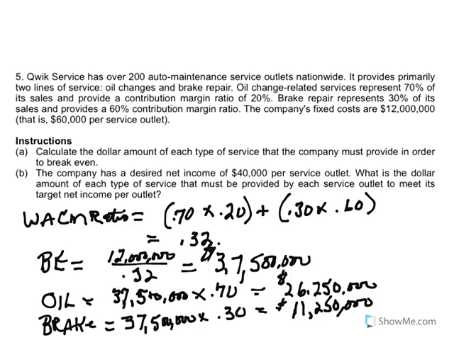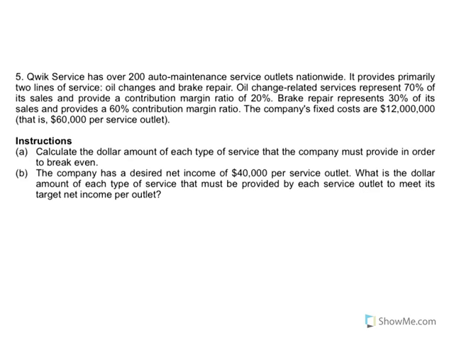Now the second part of the question says, okay, how much do I have to sell for each outlet to make a profit? Well, the sales required is equal to the fixed cost plus target income over the contribution margin ratio.